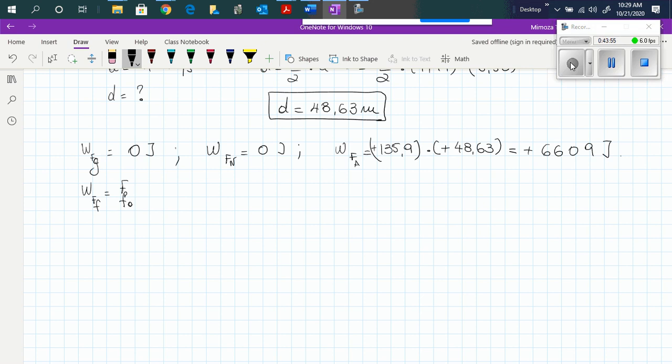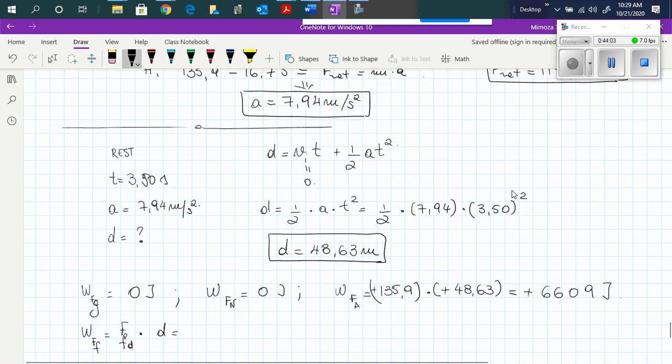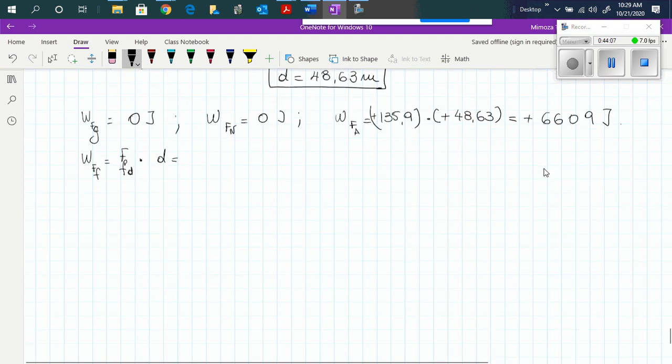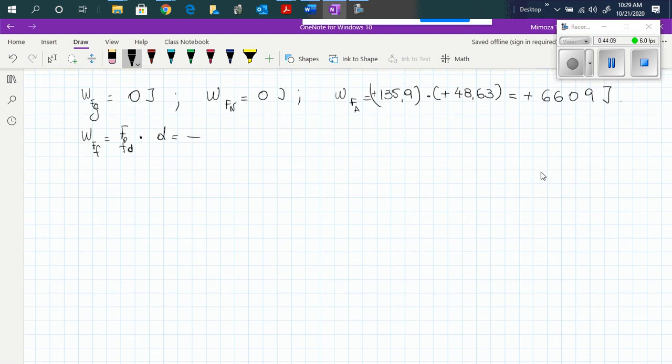Now, when we are finding the work done by force of friction, it will be the component of the force of friction along the displacement times the displacement. The component of the force of friction along the displacement is the negative magnitude of the force of friction, so negative 16.75, and here the table tells us everything, times positive 48.63.